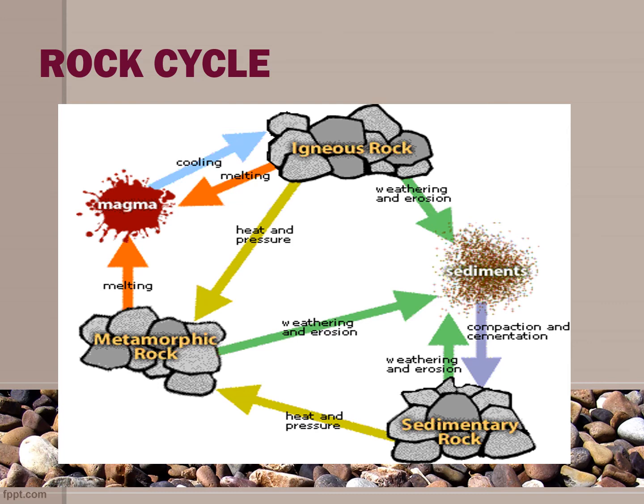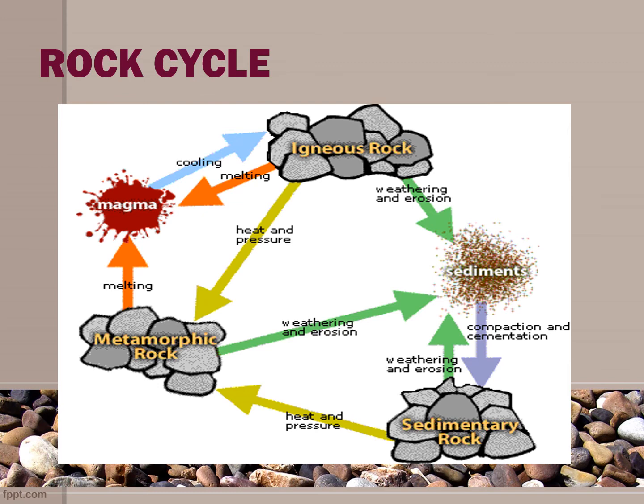Once we have your sedimentary rock, it can go in two ways. Pwede po siyang mag-undergo ng weathering and erosion ulit at magiging sediment po siya ulit, undergo ng compaction and cementation, magiging sedimentary rock siya ulit. Or pwede po, ang sedimentary rock ay mag-undergo ng heat and pressure, forming now your metamorphic rock.